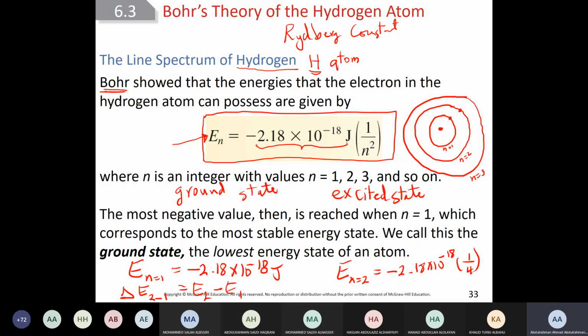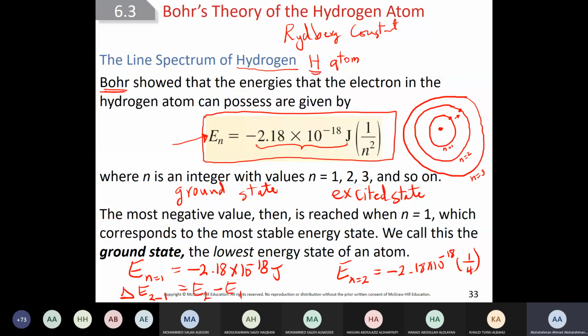Now, if I'm going from n equal to 1 to n equal to 2, is this going to be exothermic or endothermic? Endothermic. Going from 1 to 2 is endothermic. Why? You want to take something from lower energy to higher energy. It will absorb energy.